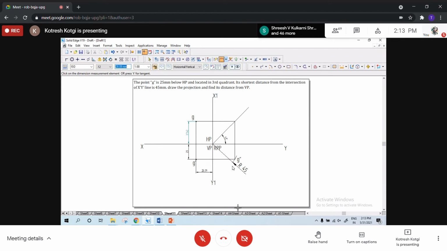Anyway, even if I increase the distance, this is the distance of the point from VP, so this answer will not change. Now I have drawn it for 28.09. You increase that distance and check, you'll get the same answer. Since the final answer does not depend on this distance, they have neglected it, and you should understand that. So it is not given.